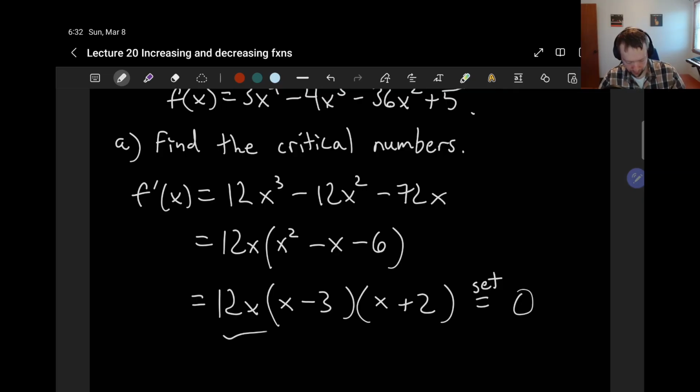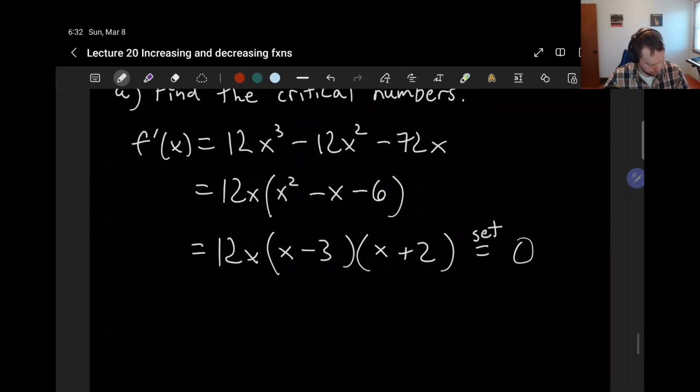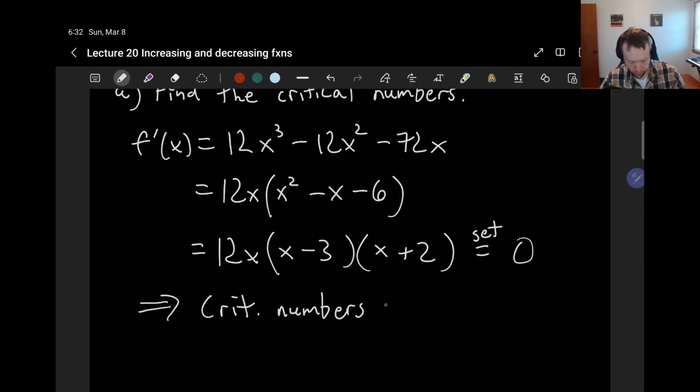It helps that we factored it, because now solving this just means, okay, x can be 0, 3, or negative 2. And that's it. So the critical numbers are those x values where the derivative is 0.